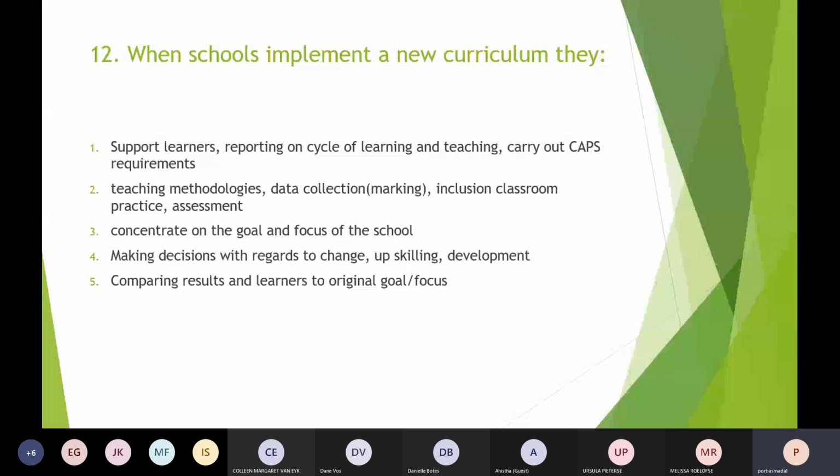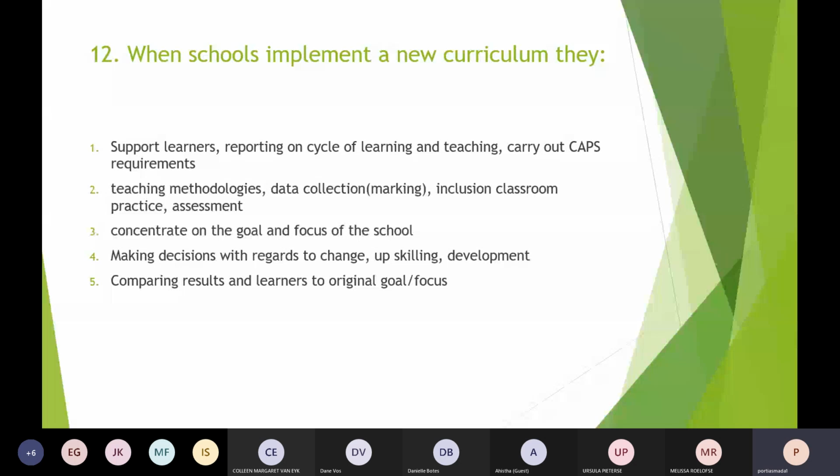All right, students, if we look at number 1, support learners reporting on cycle, carry out CAPS requirements. That normally has to do with the evaluation and the moderation of the cycle or of the curriculum.